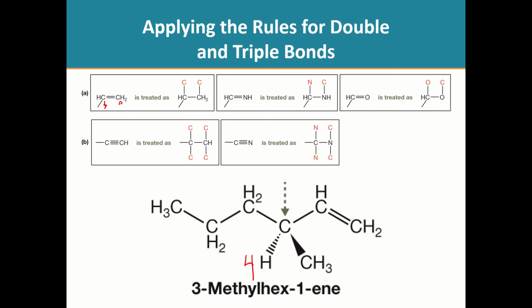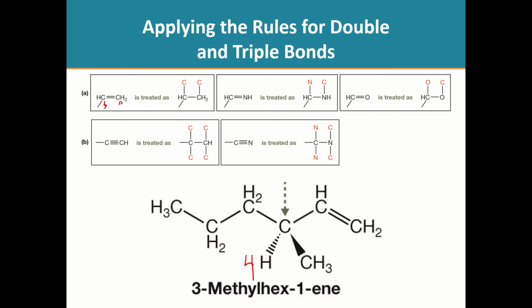We're not actually doing this in the lab. We're not changing the molecule. We're just doing this as a trick. So this would be treated as this guy. And so you can go through all these examples. I will mention this one right here. When there's a triple bond, you then add nitrogen twice.